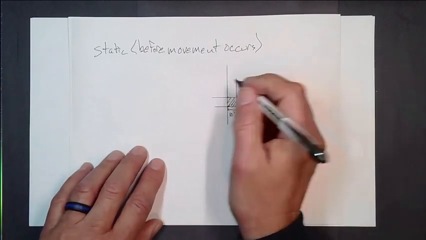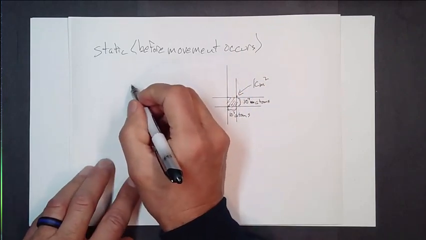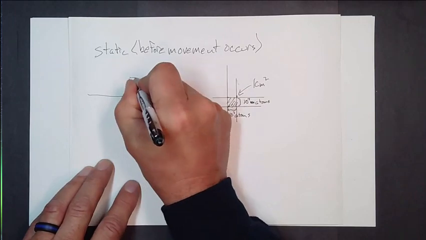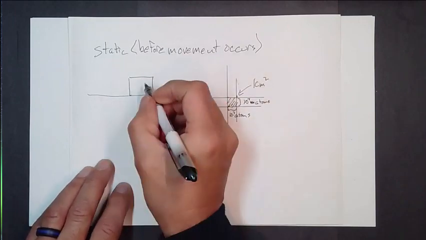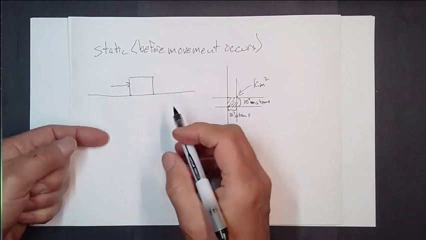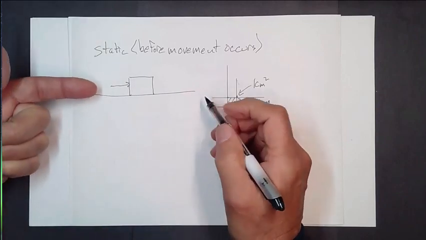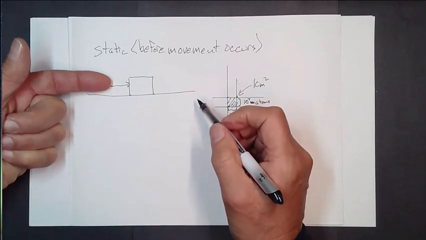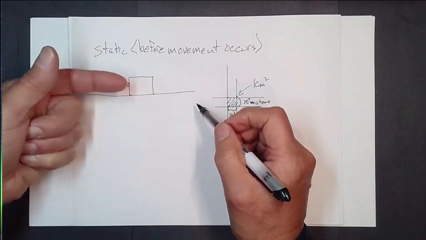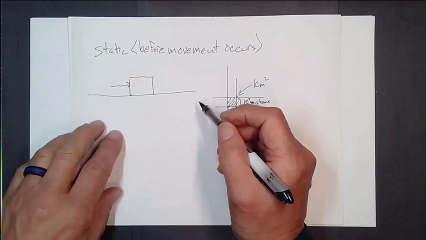With static friction, you've got one surface here, and you try to exert a force on something with respect to that surface. You push, nothing happens, push a little harder, nothing happens, push harder and harder, and eventually you'll get the thing to move.